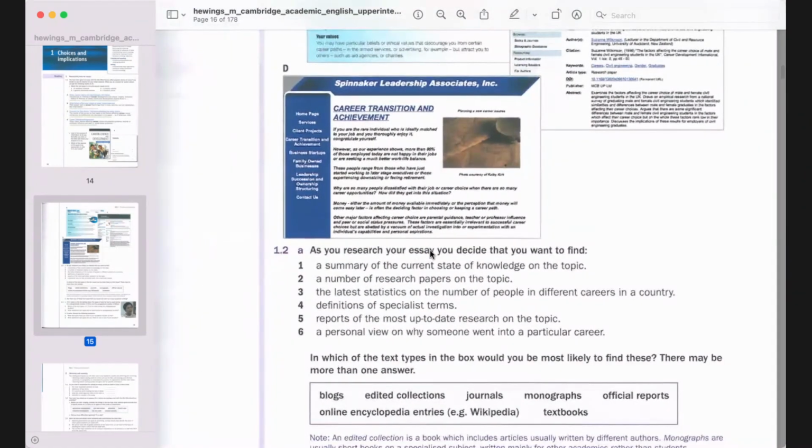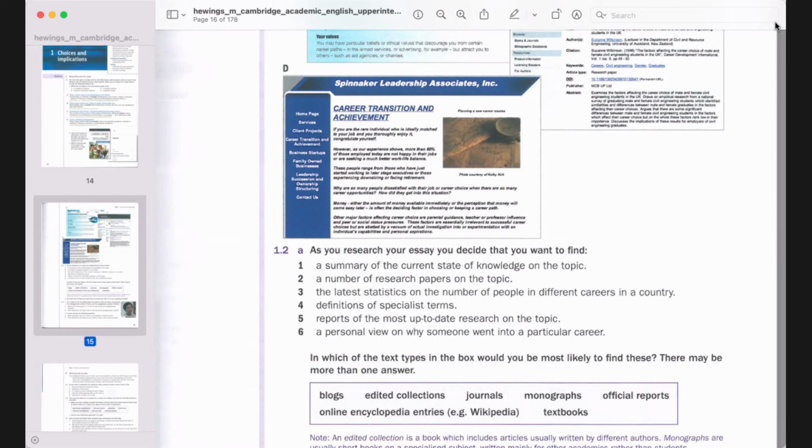Okay, in which of these text types mentioned in the box can we find a summary of the current state of knowledge on the topic? Do you know the meaning of summary? What is summary? Like a summary, general information, a highlight in a few words, yeah?